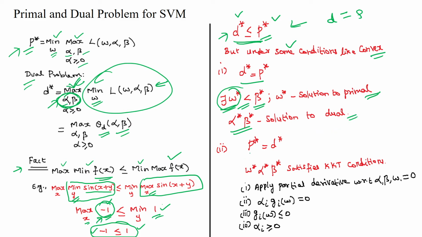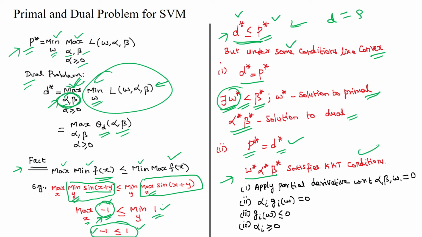The second condition is that the primal problem is equal to the dual problem. So the dual solution can be assigned to the primal problem. Here we have to satisfy all three conditions by applying the KKT constraints.